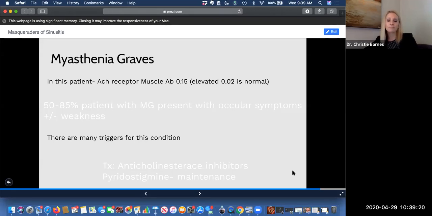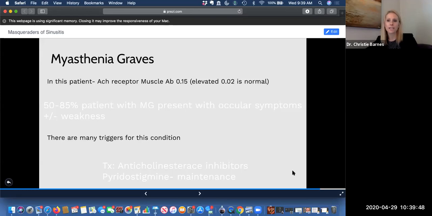So he had been placed on prednisone as well as the Augmentin at the walk-in clinic, and that actually caused a little bit of worsening during that short term. So just keep that in mind. And remember from your med school days that anticholinesterase inhibitors are the maintenance therapy for this condition.